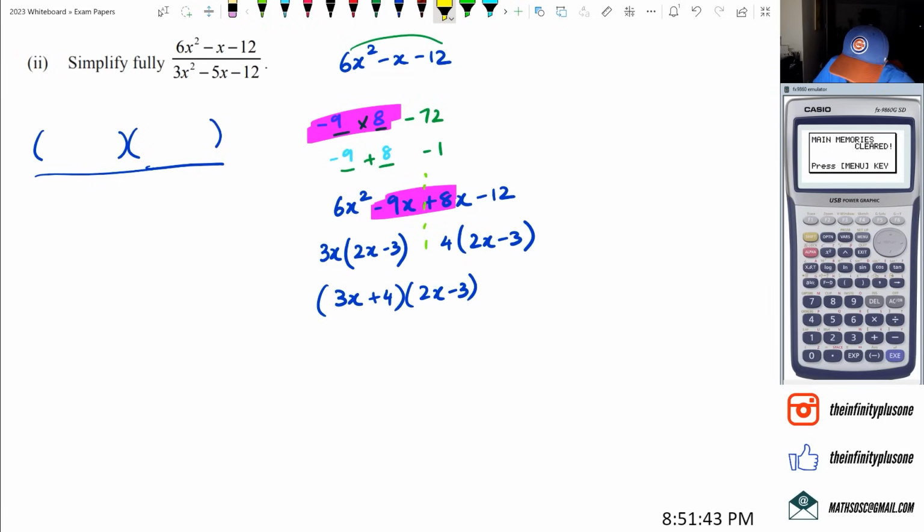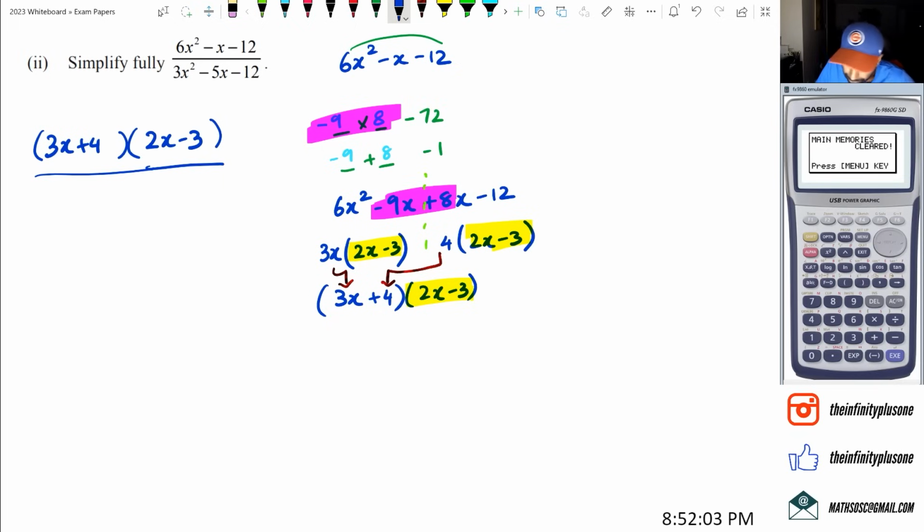The reason being that I've got 2x minus 3 as a common factor, 3x comes from there, and the 4 drops over there. So I've factorized the numerator, and I'm going to write that as 3x plus 4 and 2x minus 3.